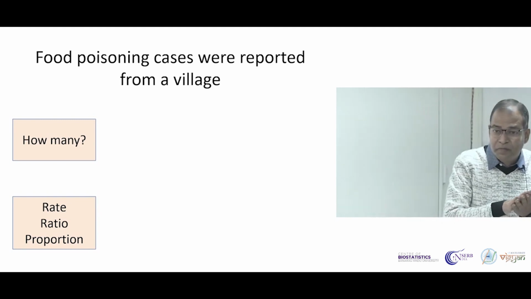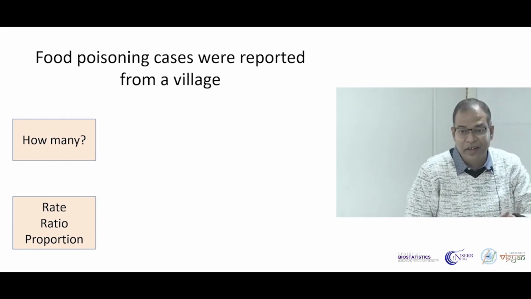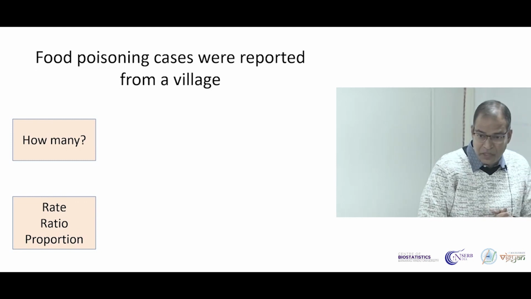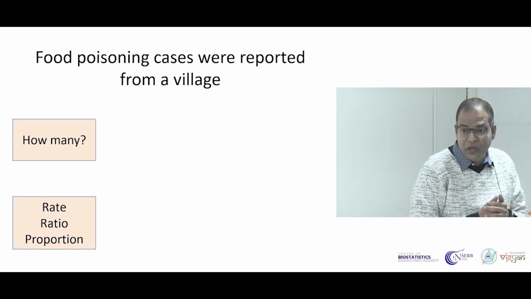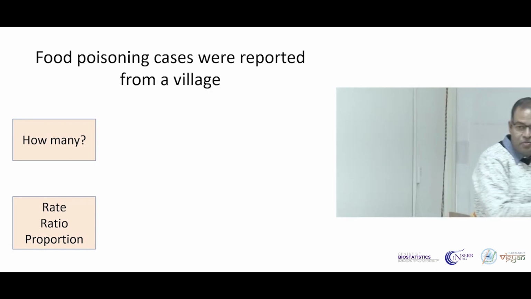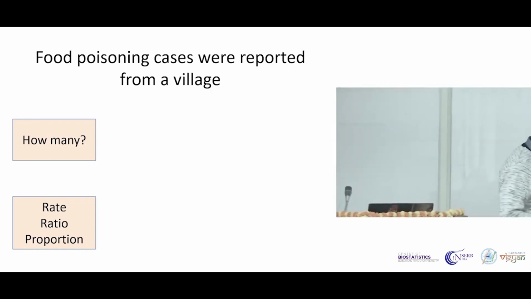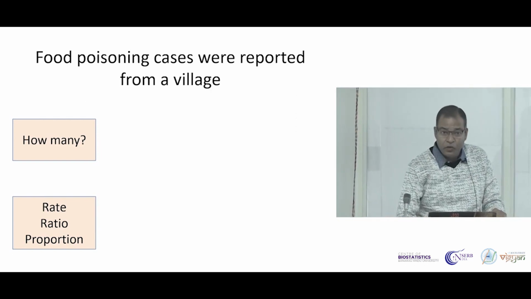Out of this much were affected, this one by this one into 100, expressed in percentage. So prevalence is a proportion. Whenever we talk about the ratio, incidence is basically a ratio, right? Sorry, incidence is not the ratio, something else is a ratio, and I will come to that later on. Is this clear? So whenever we talk about the frequency, this is the first component of epidemiology, expressed in terms of rate, ratio, and proportion.